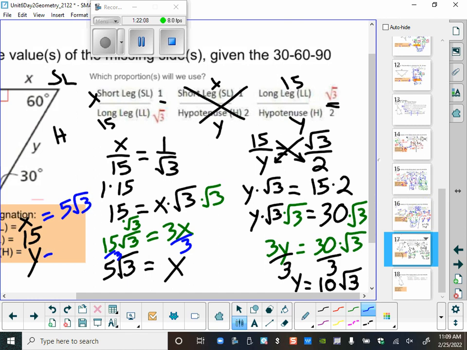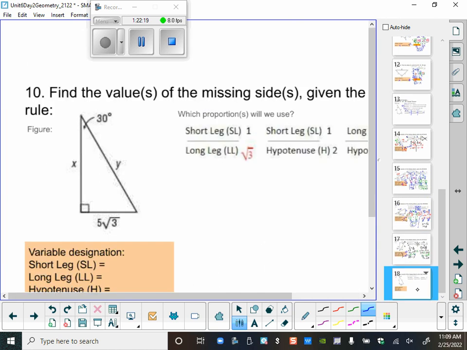And the long leg was 10 square root of 3. Well, what's our short leg for the very last problem? 5 square root of 3. So basically, this is the exact same problem as the last one.